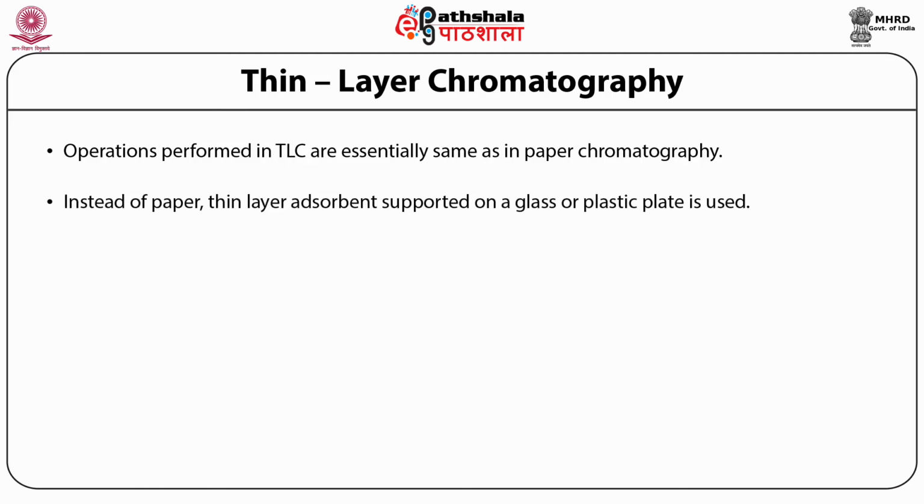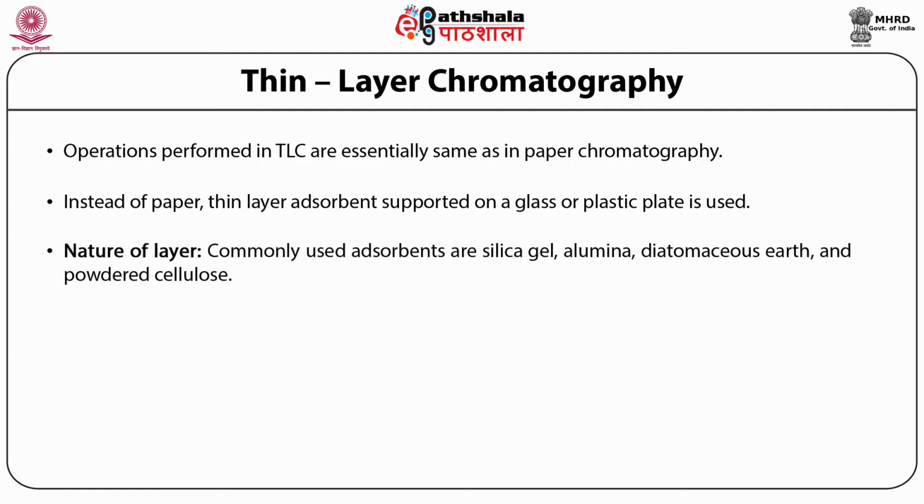Instead of a piece of paper, a thin layer of finely divided adsorbent supported on a glass or plastic plate is used. The most commonly used adsorbents are silica gel, alumina, diatomaceous earth, and powdered cellulose, but other materials such as Sephadex, ion exchange resins, or inorganics have been used for special purposes.